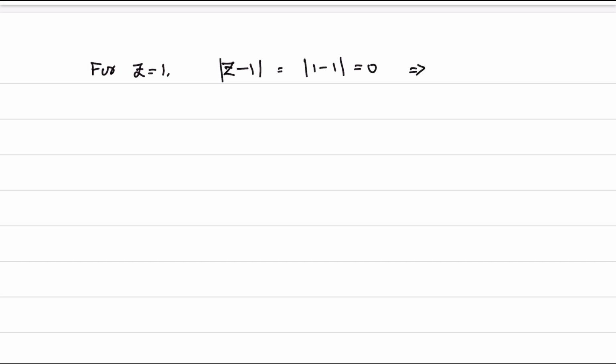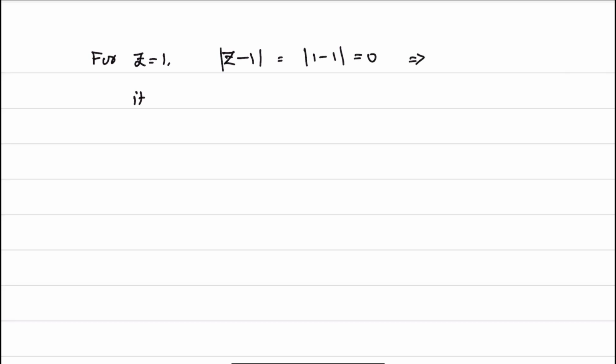Hence, it is given that it should satisfy the equation modulus of Z minus 1 is equal to half.